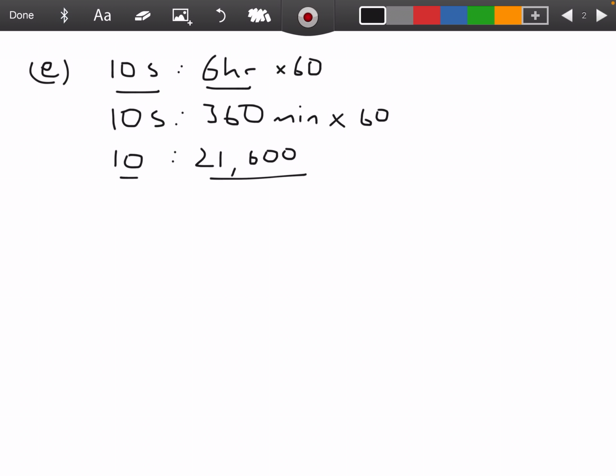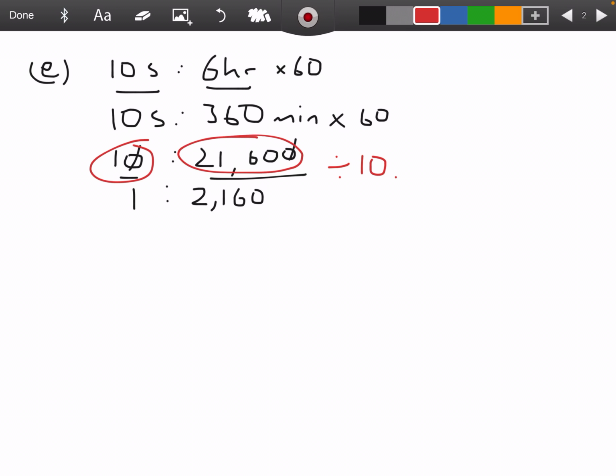And then to divide, I can divide by 10, and I'm left with 1 is to 2,160, and I've divided by 10 there. So as I said, getting them in the same unit is the most important part.